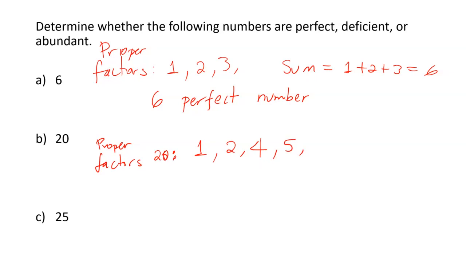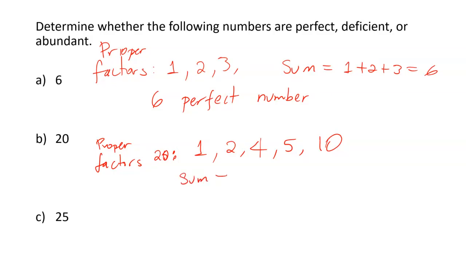After 5, not 6, not 7, not 8, not 9. So 10, and usually once you get halfway, that's it, because the next number that would divide it is 20 itself, but that's not proper, so I stop there. So I'm going to stop my list halfway. And so these are the proper factors.